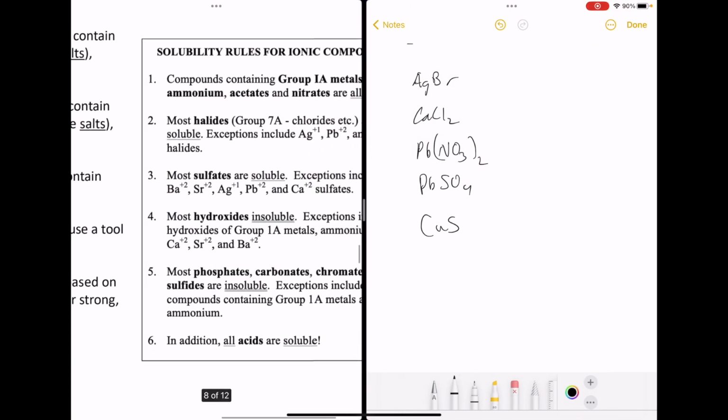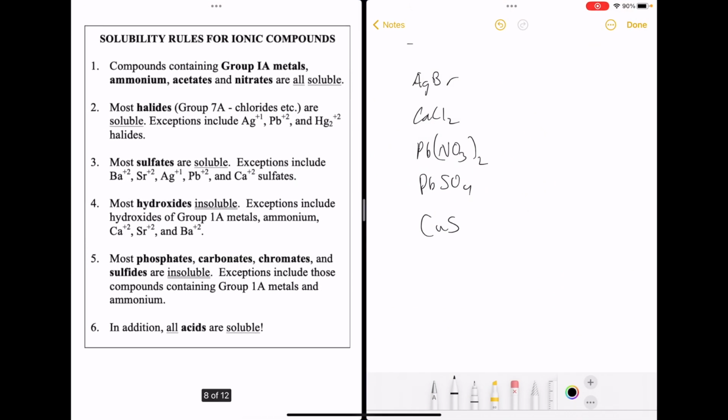You need to see where either the Ag or the Br appears, and they're done from top to bottom. So when the first one says compounds containing group 1A metals, ammonium, acetates, and nitrates are all soluble, then you have to check through to see if Ag or Br is one of those things. Well, group 1A metals in the periodic table, there's no silver there, and none of the other ones listed is either an Ag or a Br, so we know that AgBr doesn't fall under that rule.